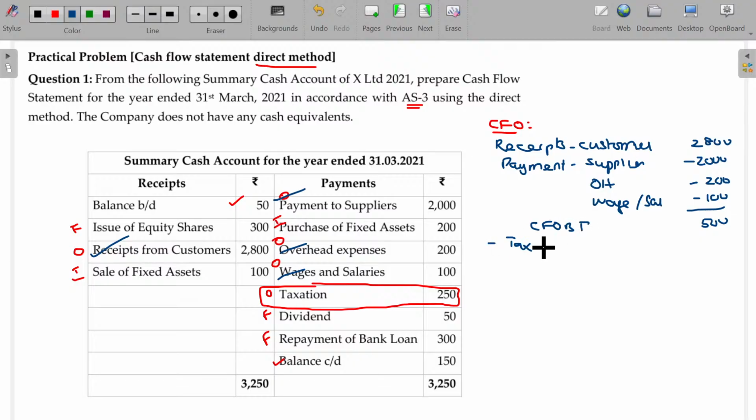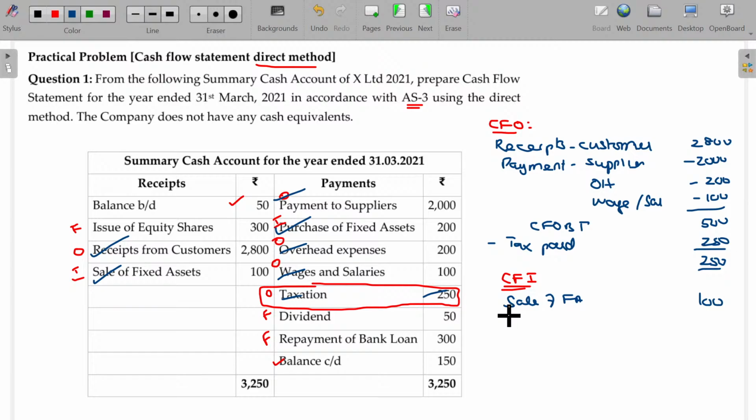Minus tax paid. Tax paid here being 250. Then you'll get 250. This is nothing but cash from operation. The next one being cash from investing. Related to that, sale of fixed assets, this value being 100.